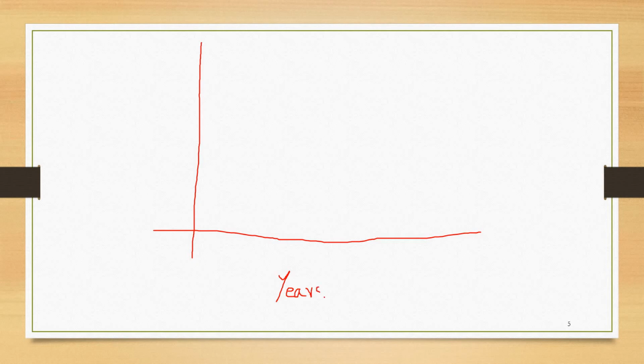To make a bar chart we will have a y-axis and an x-axis, sorry, the line has become a little crooked. On the x-axis we will have years, and on the y-axis we will have turnover.